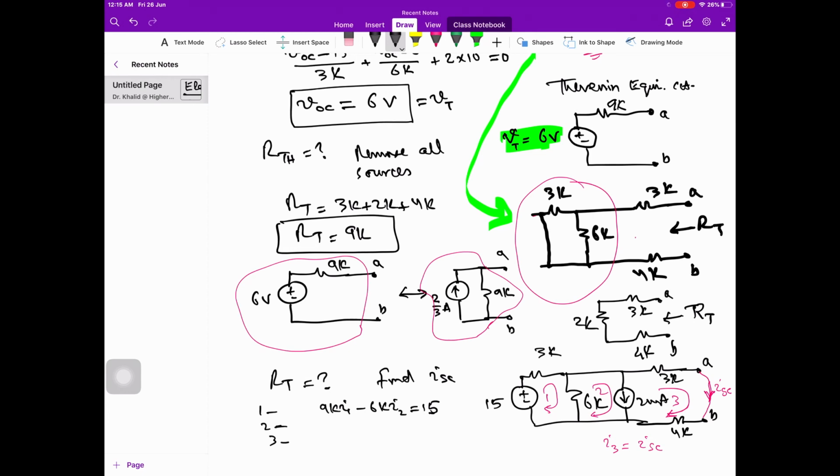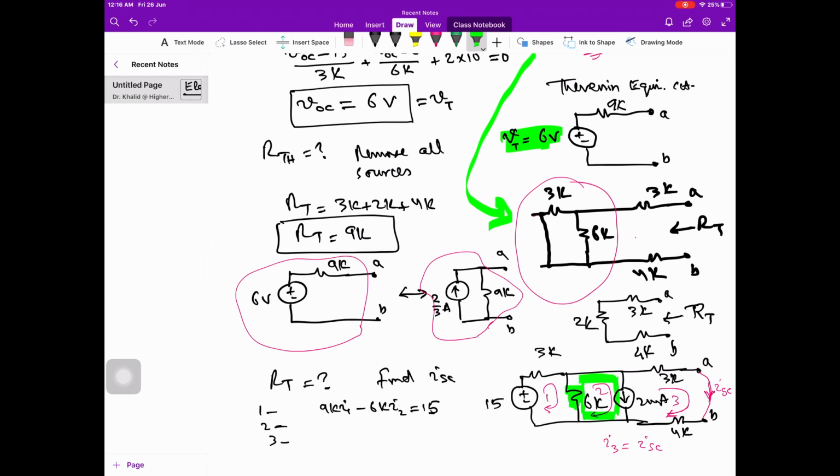Look at the circuit diagram. In writing the equation for mesh 2, I don't know the voltage drop across the 2 milliampere source. What is the voltage drop across this resistance? This is resistance multiplied by the resultant current flowing upward.